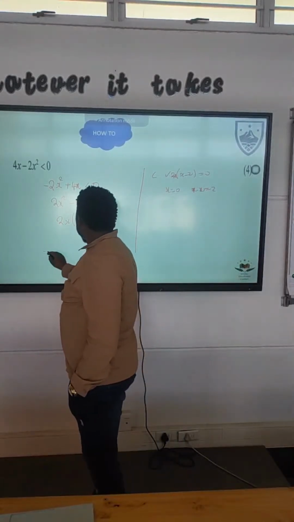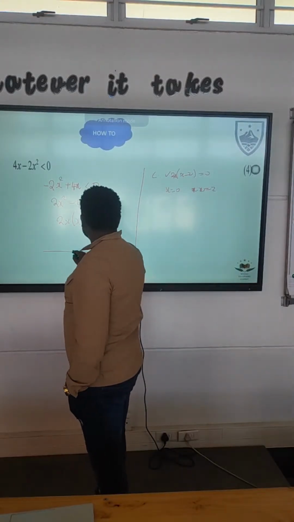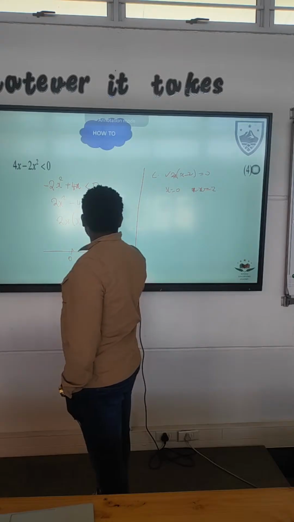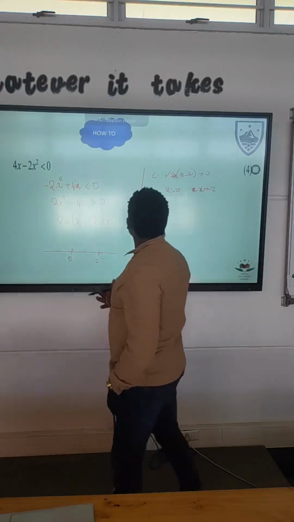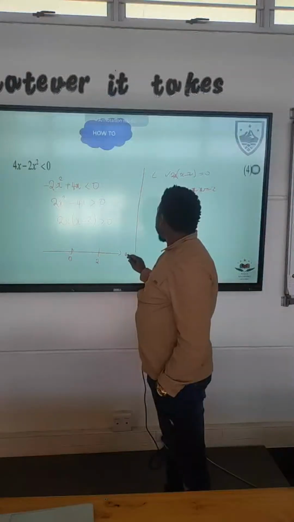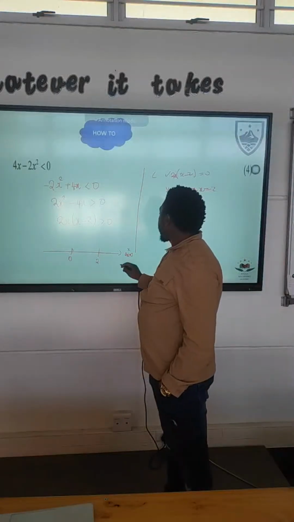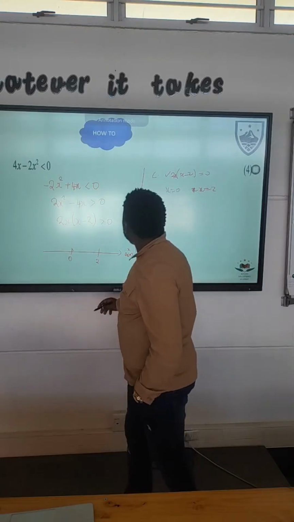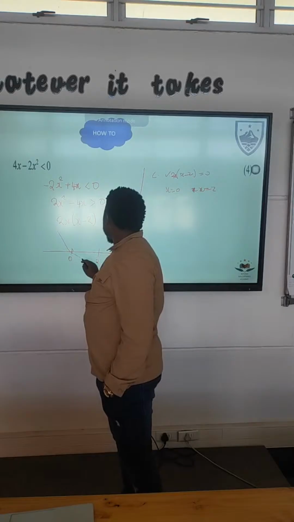So build my x-axis with my x being equal to 0 and then my other x being equal to 2. You always start with the lowest one, then go to the biggest one. This is actually a number line. It's an x-axis. It says anything below the x-axis will be negative, anything above will be positive.